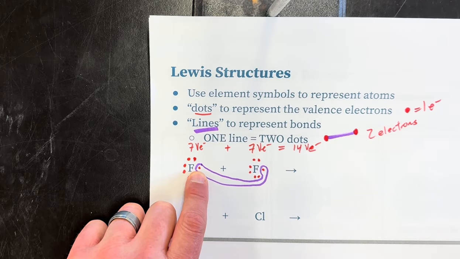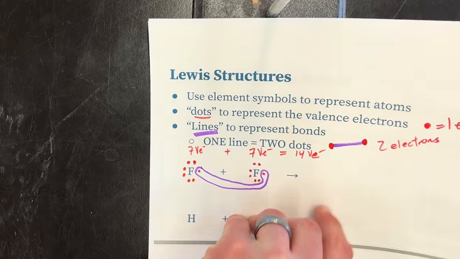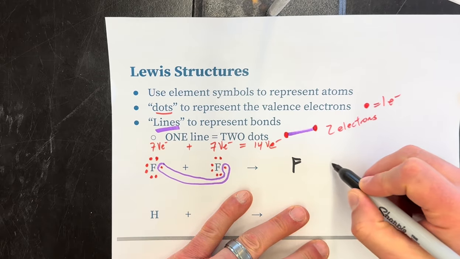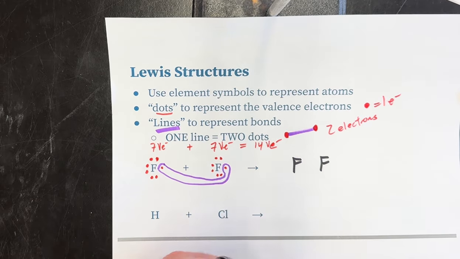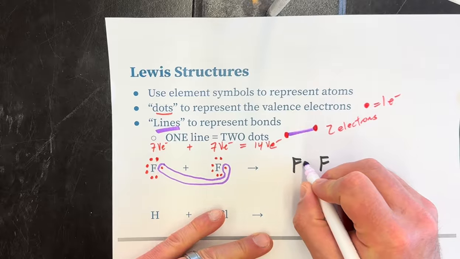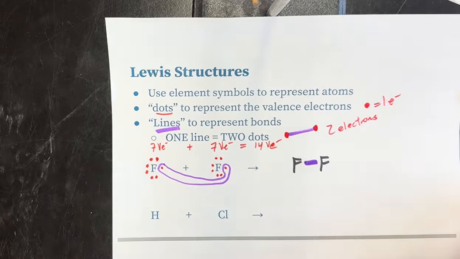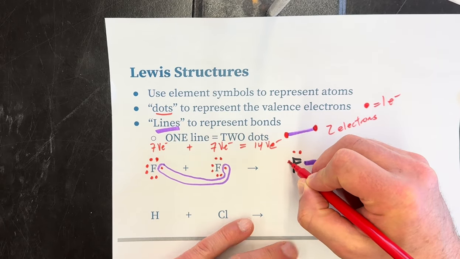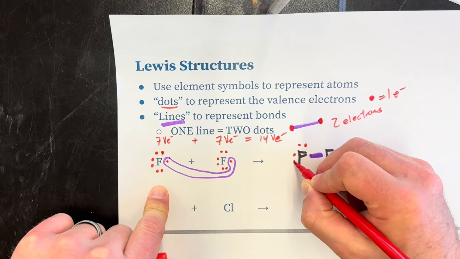So when I rewrite this structure over here, I'm going to have my fluorine, and I'm going to have my fluorine, and I'm going to have this one purple line, and that one purple line represents 2 electrons. So then I'm going to go back and put these electrons that were back over here in.